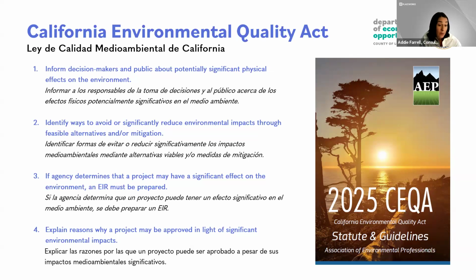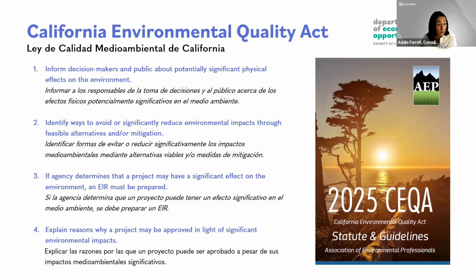CEQA does not dictate whether a project is approved or denied, but instead results in an informational document about environmental effects of a project. So the primary purpose of CEQA is first to evaluate, through a series of technical studies and information finding, the potential environmental effects of a proposed project, and then importantly, identify the ways in which we can reduce or eliminate those significant environmental effects.